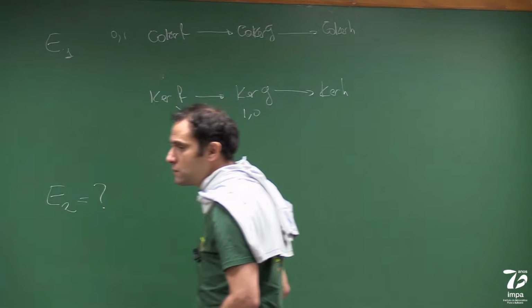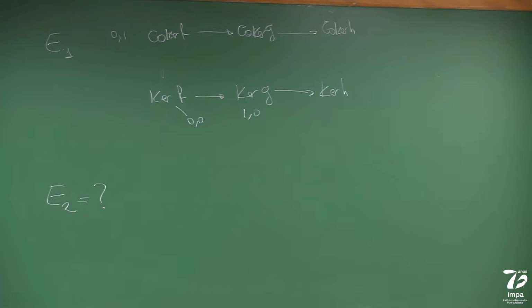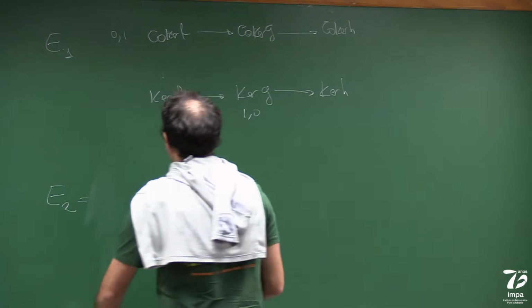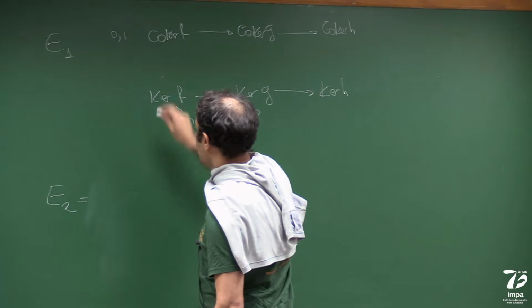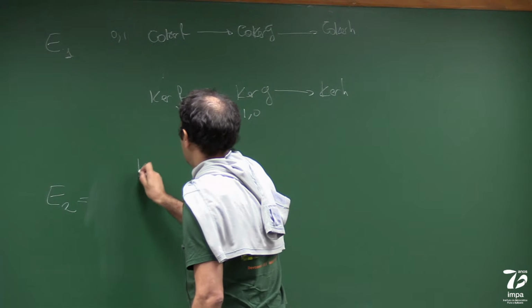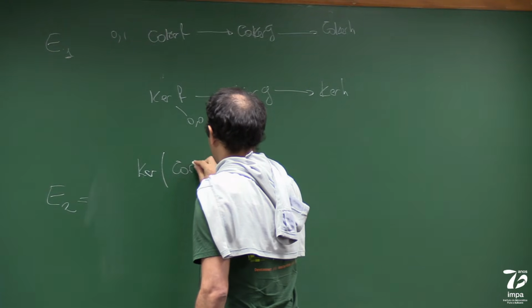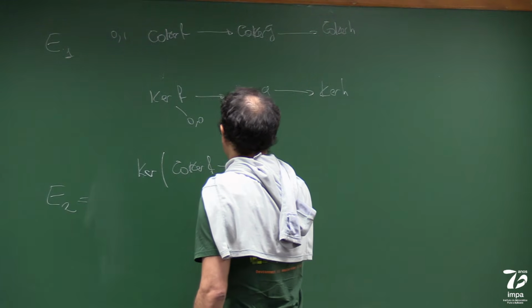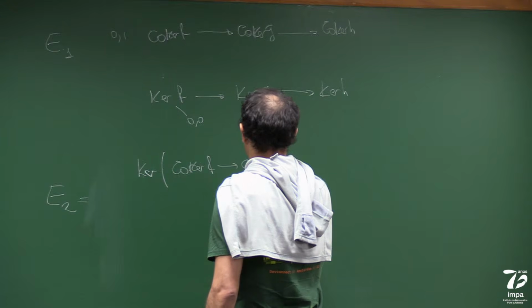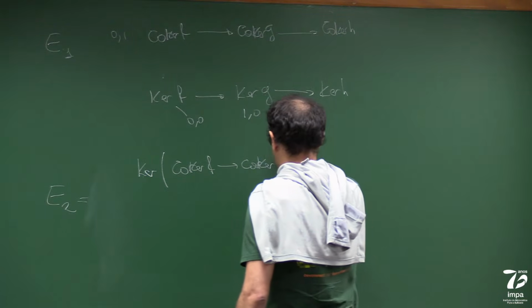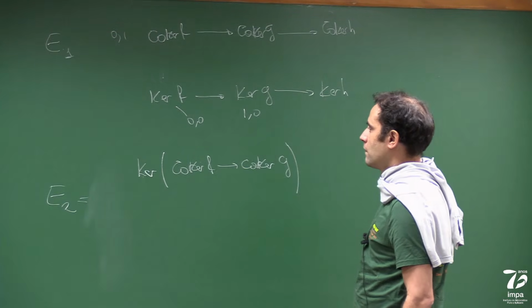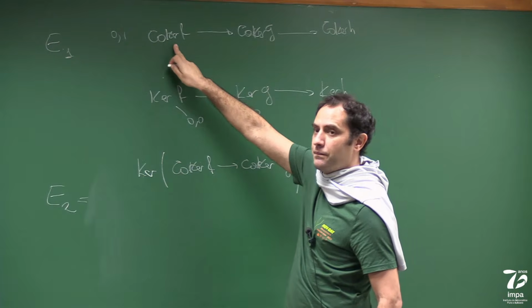So whatever this E2 thing is, in this degree, I have the kernel of the map from the co-kernel of F to the co-kernel of G. So that's what I have in this degree.